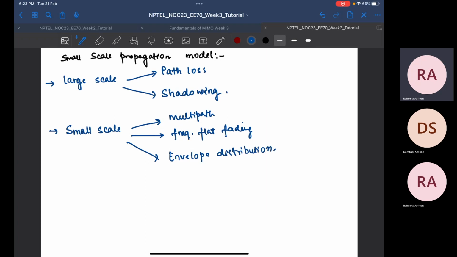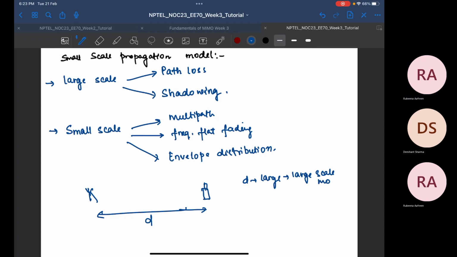When the distance between transmitter and receiver is very large, if d is large, then we consider the large scale propagation model. And if d is on the order of wavelength, like 10 to 100 times, then we will be considering the small scale model.